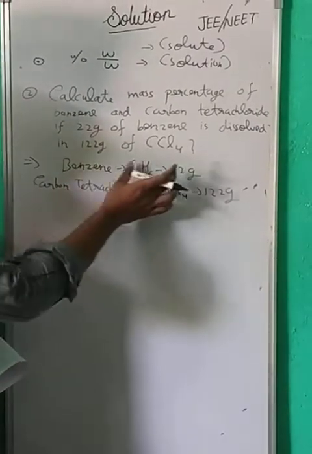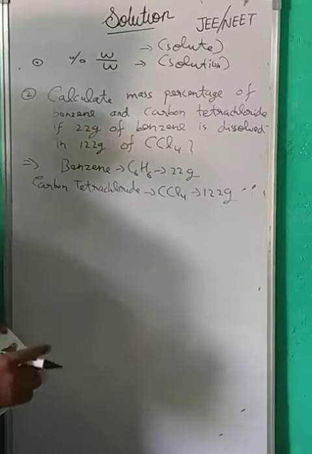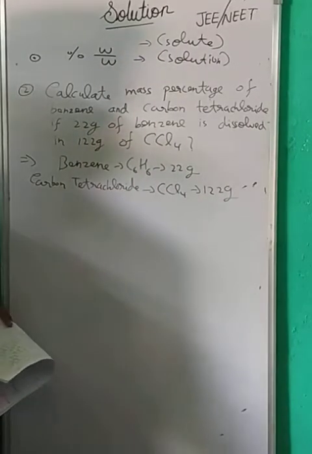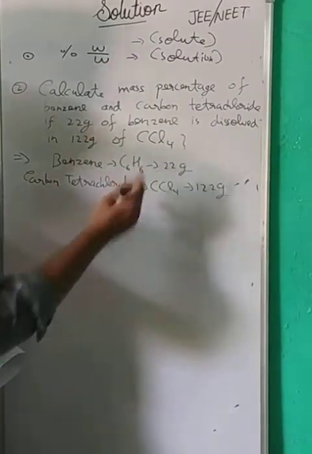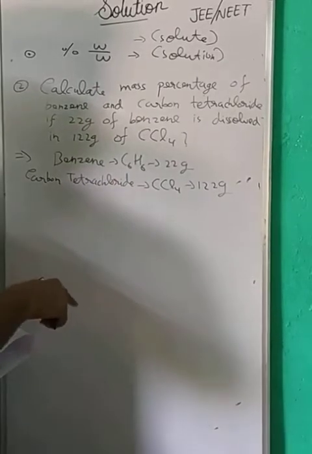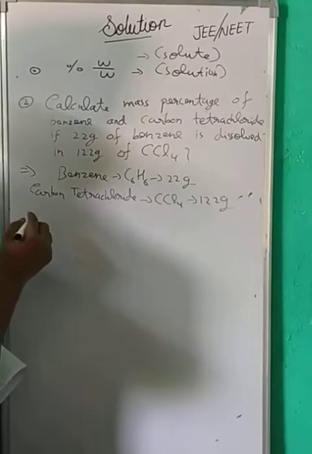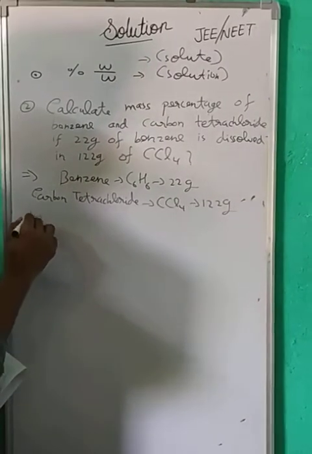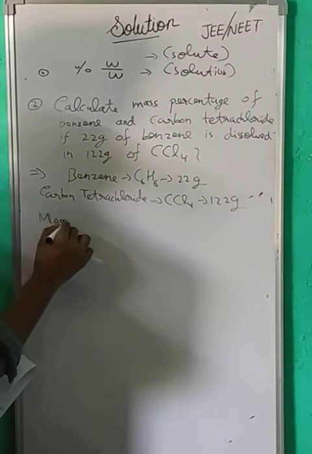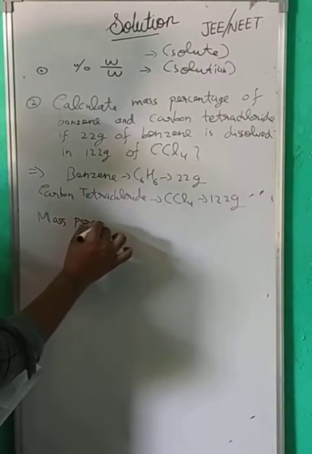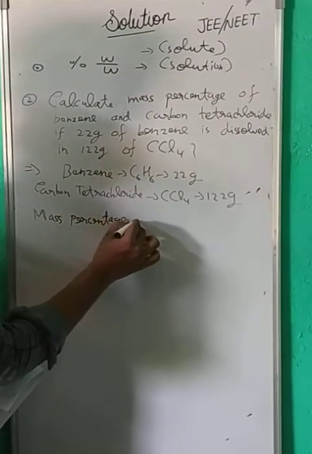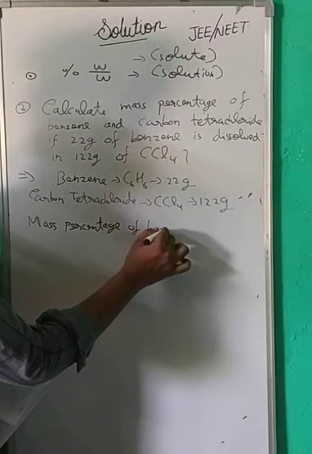First of all, here is written benzene and here CCl4. As you can see, CCl4 is in a larger amount, so it will definitely be the solvent, and benzene is the solute. But here we have to find the mass percentage of both individually. Let us find first for benzene. So, mass percentage of benzene.